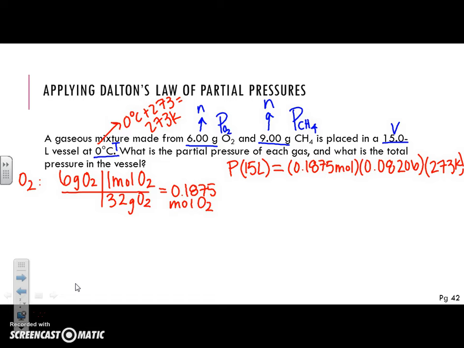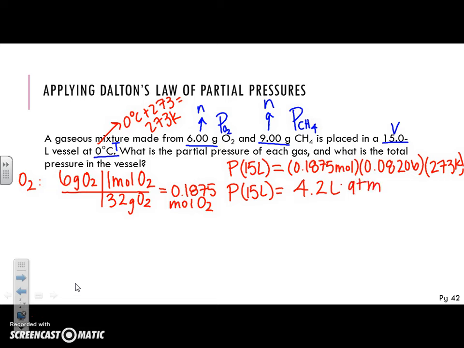The first thing that I'm going to have to do is simplify the right-hand side of the equation. So I can just restate the left-hand side, pressure times volume. Then I'm going to multiply 0.1875 moles times 0.08206 times 273, which gives me 4.2 liters atmospheres.